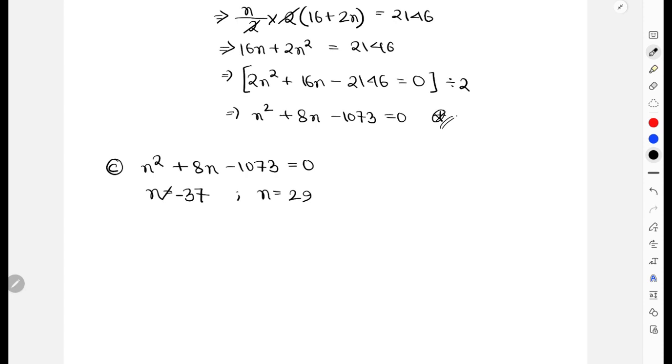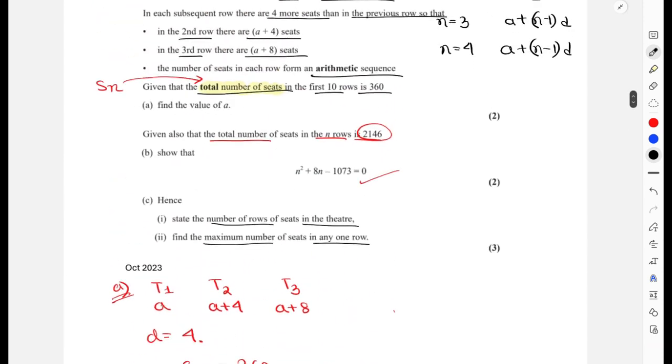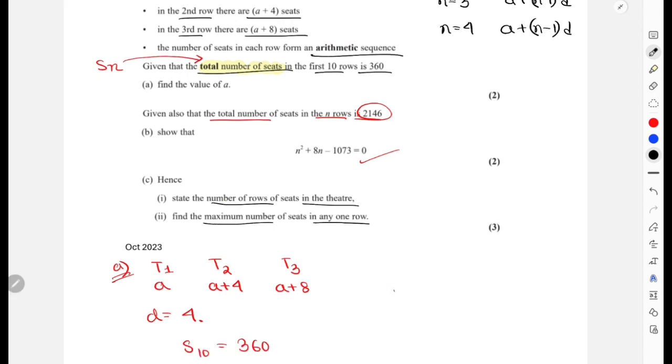So this turned out to be 29. Given also that in the n rows there are 2146 seats. Now we got the value for n as 29, so the number of rows of seats in that theater is actually 29.